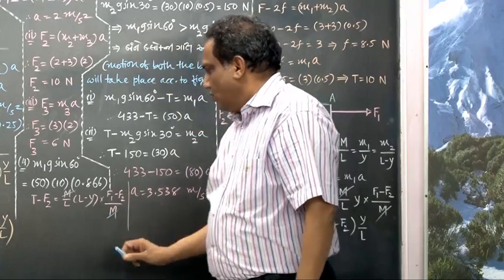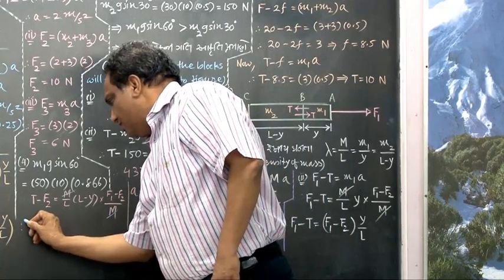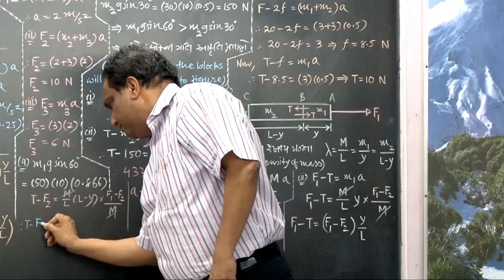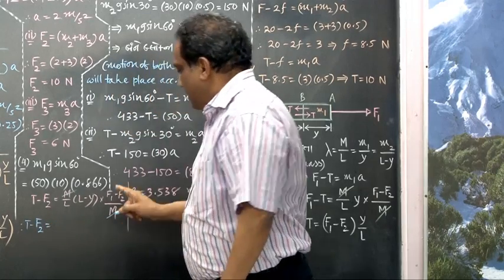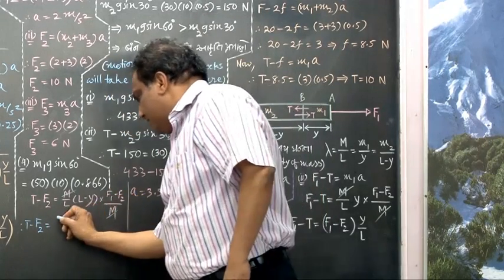Look. It is now T minus F2. Now F1 minus F2 I am writing first.